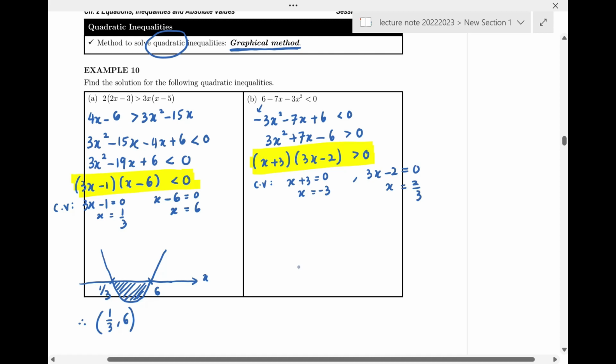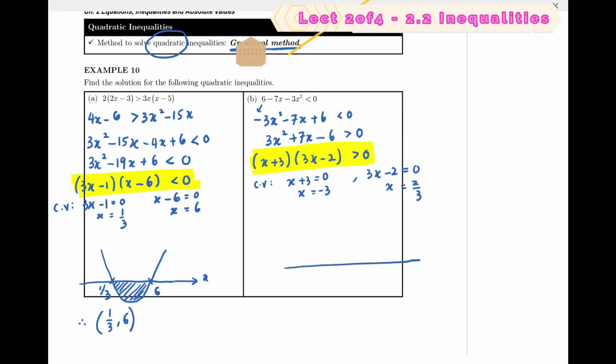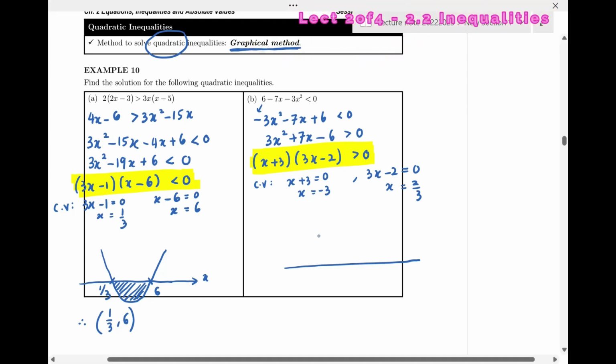Next again, I sketch my quadratic graph, and this is still a smiley. So that's why we need to make the x squared positive, so that we always have a smiley quadratic graph. So with here negative 3 and here is 2 over 3. So now remember, I want the one with greater than 0, positive.